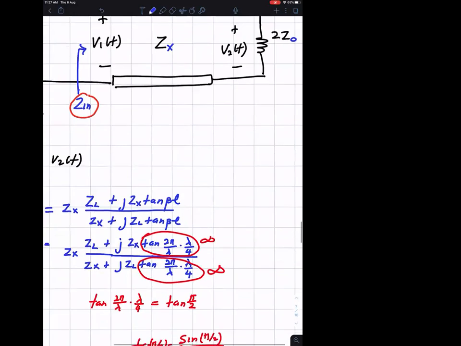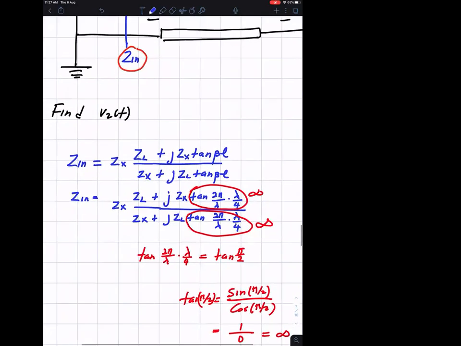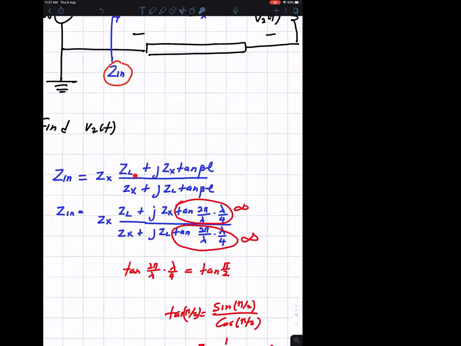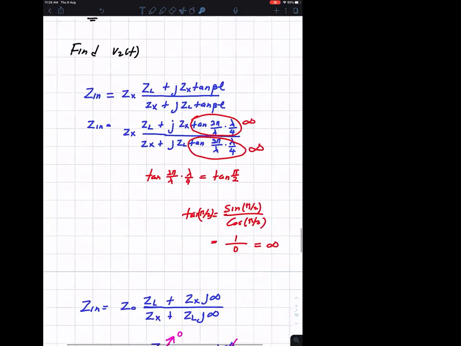So the input impedance is the characteristic impedance of the cable multiplied by the numerator ZL plus j ZX tangent beta L, divided by ZX plus j ZL tangent beta L. Just a small change in the subscript.